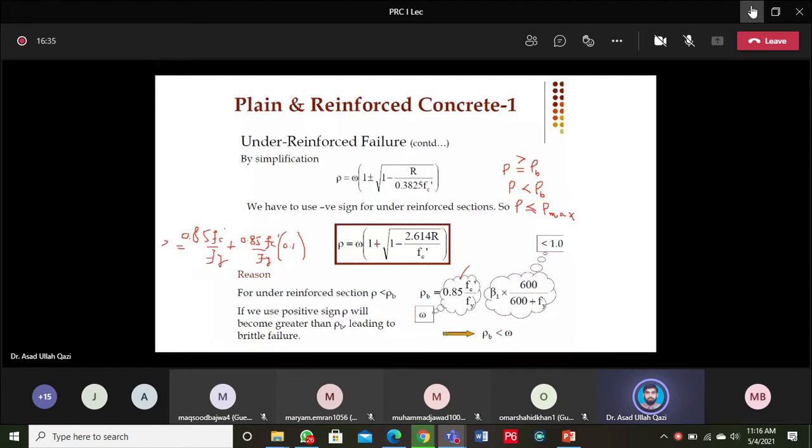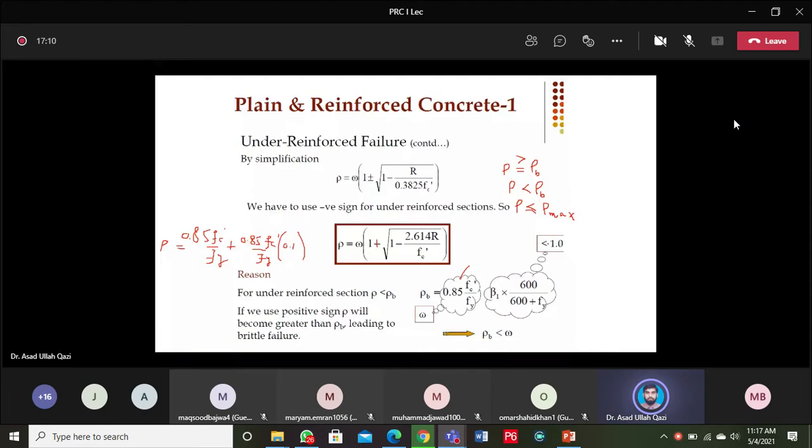And if I now look at the rho B equation mentioned here, in this rho B equation you are getting beta 1 600 over 600 plus fy. So once you put steel grade in this equation along with beta 1, this shown second term will definitely be less than 1.